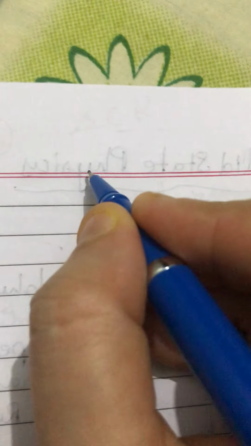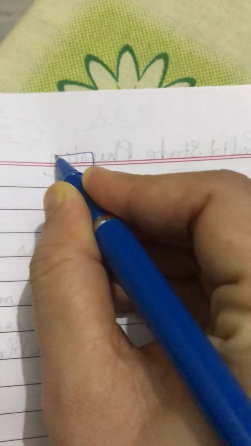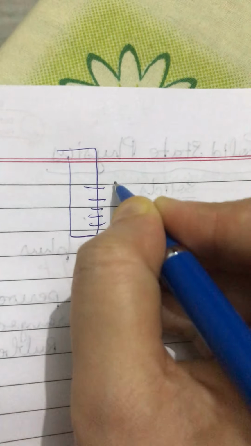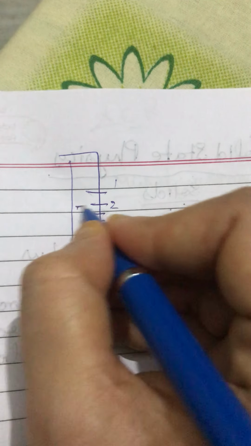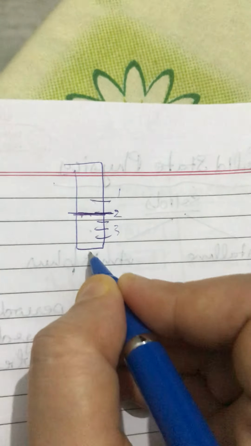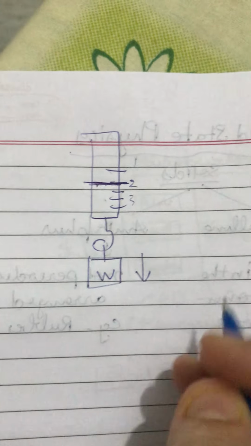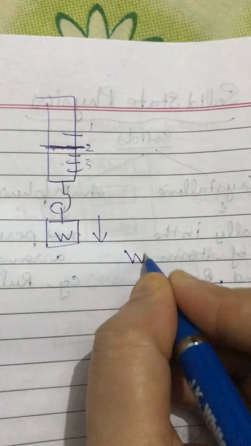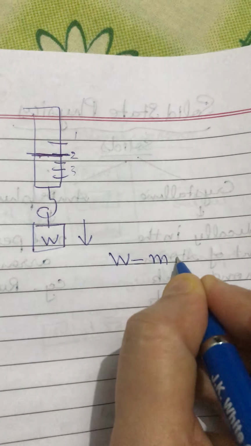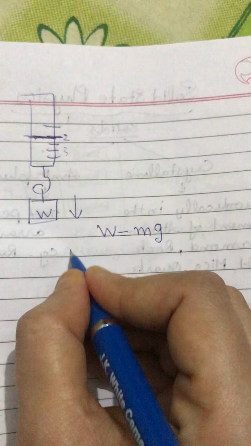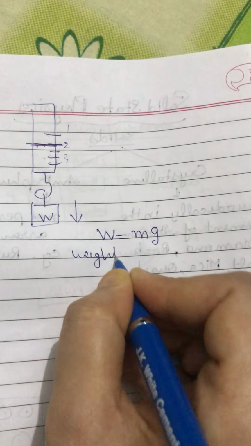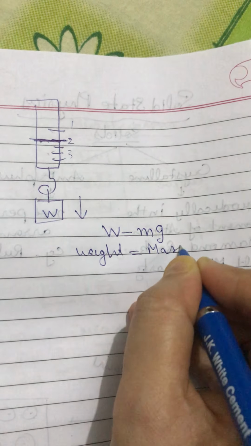Okay, let's do some calculations. If this is the spring balance, here is the scale, you can say 1, 2, whatever, and this is the pointer, and there we hang a weight W. The weight is downward, and you know that the weight is equal to mass into gravity.